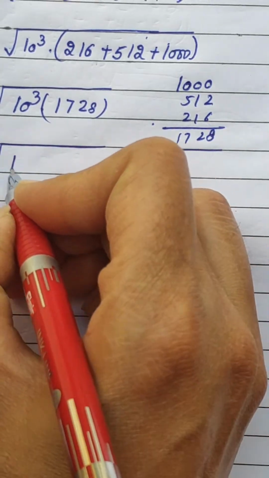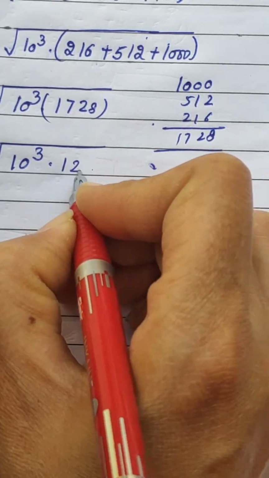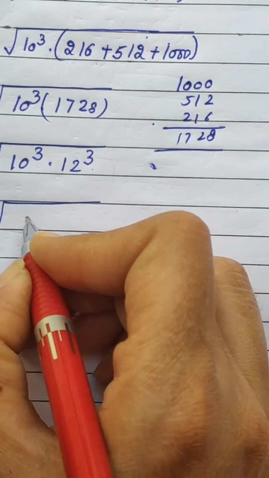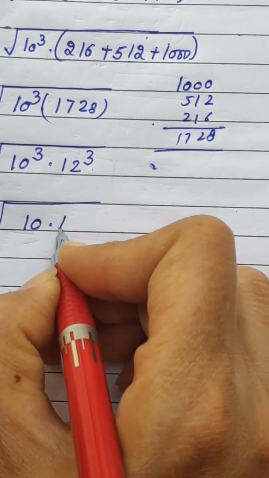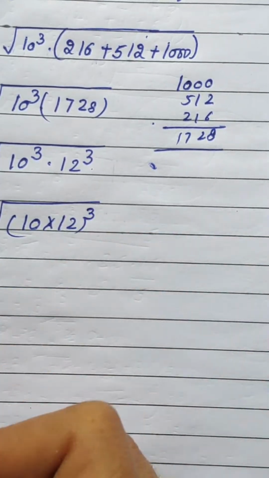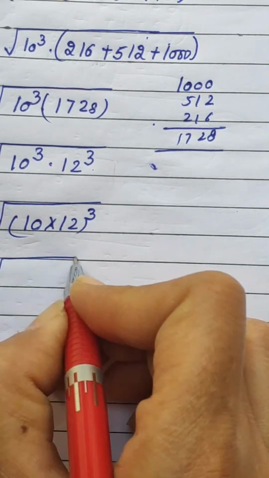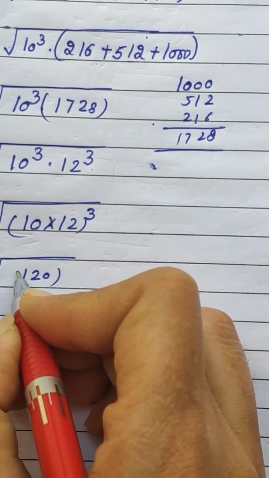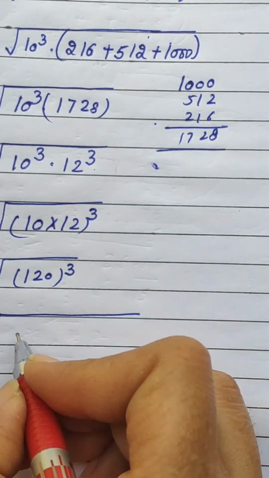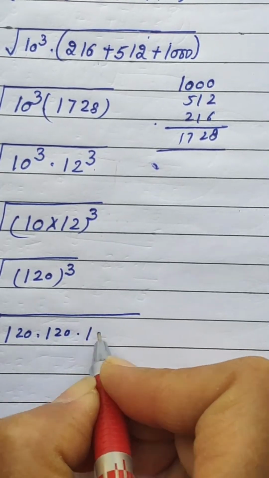10 raised to the power 3. This is 12 cube, okay? This is the 12 cube value. So now 10 multiplied by 12, you can write it here as well, cubed. So 120 cubed. We can write it down like that: 120 into 120 into 120, right?